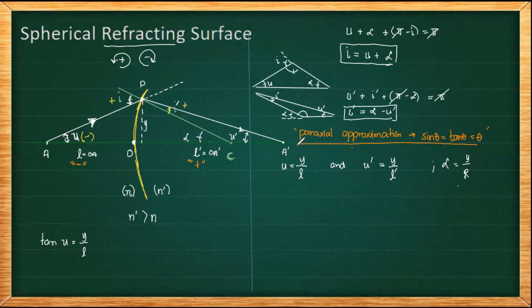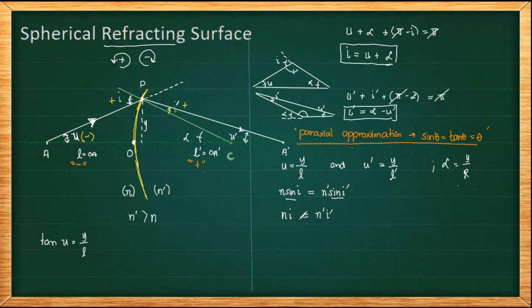Now let's recall Snell's law. We have n sine I is equal to n prime sine I prime. But from our paraxial approximation, we have n I is equal to n prime I prime.